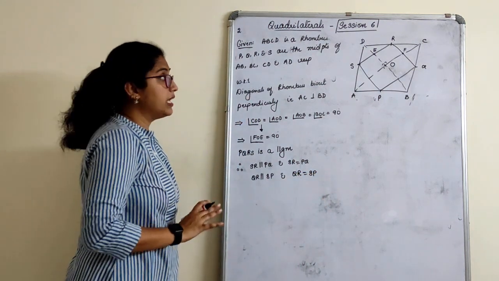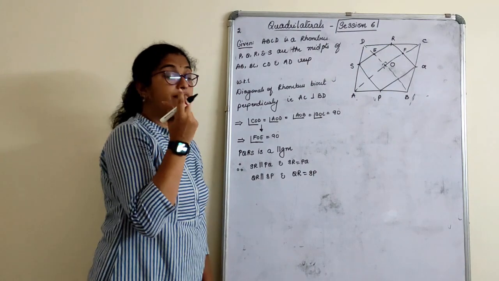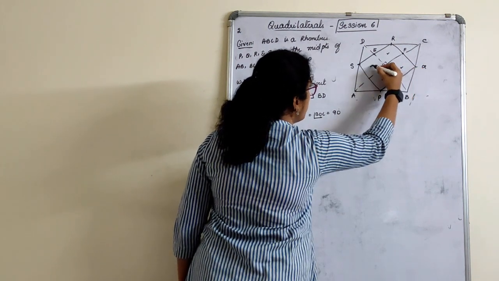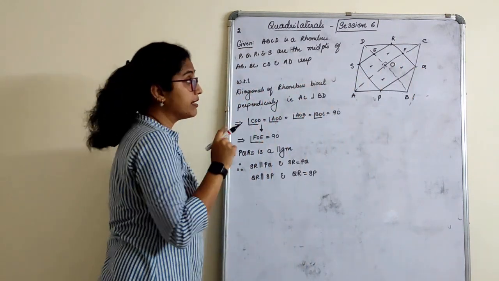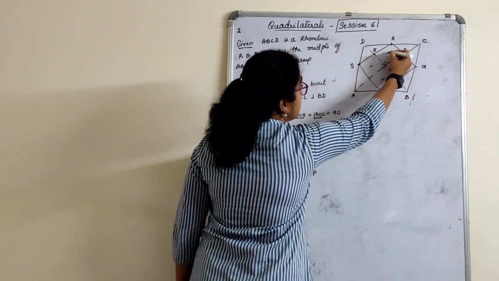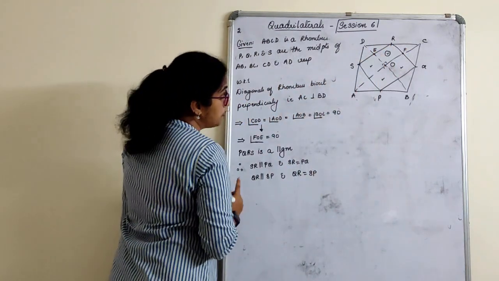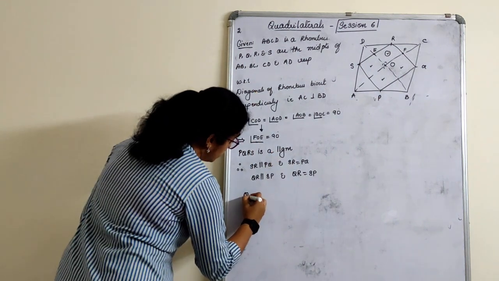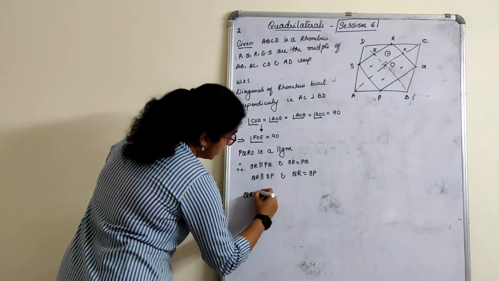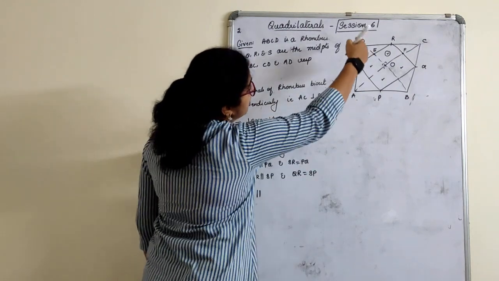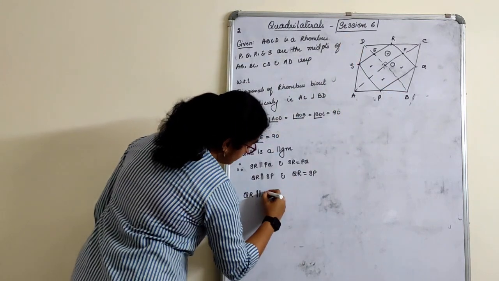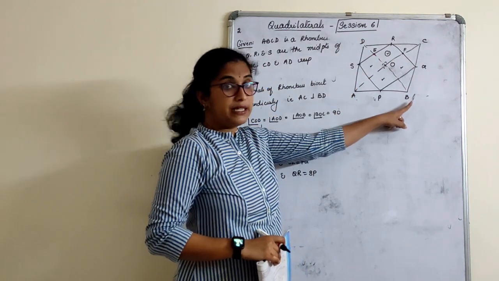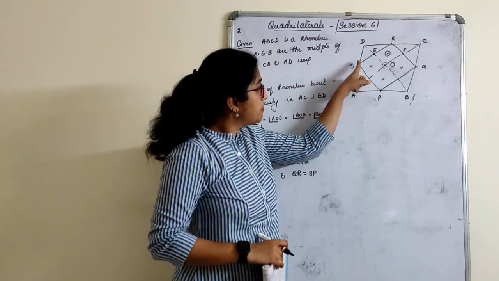Opposite sides are equal and parallel, right? Choose any one part. Either choose this part, this part, this part, or this part here. Any one we wanted. If in case, assume that I am choosing this part. If I am choosing this part, children, I will say that here QR is parallel to BD, correct? Because it's a parallelogram, it is parallel to SP also.